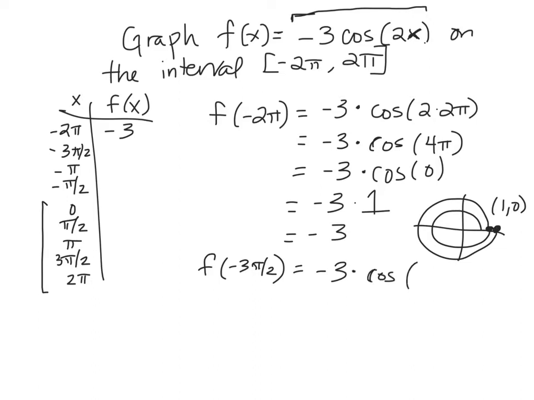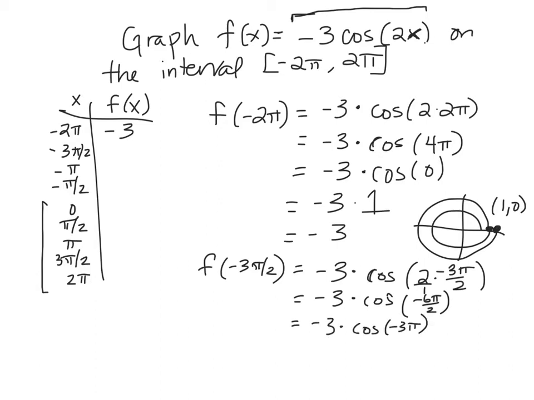So we have 2 times our x, which is -3 pi over 2. This becomes -3 times cosine of 2 over 1 times -3 pi over 2, which is -6 pi over 2. -3 times cosine of -3 pi when we simplify.